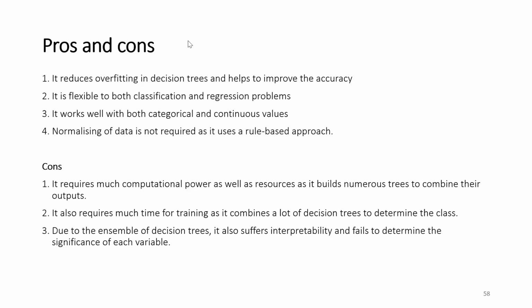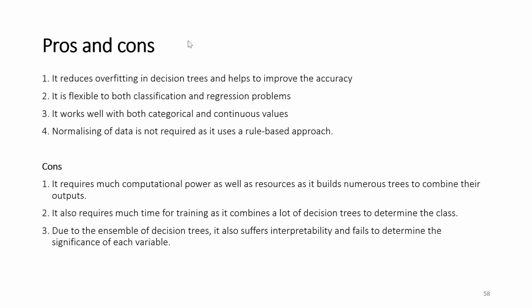And if you're trying to create many trees like this, it will definitely require very high computational power, because you are going with multiple estimators. I'm also using the term estimators or models. It also requires much time for training, as it combines a lot of decision trees to determine the class. So training time is always high, even for these ensemble techniques.